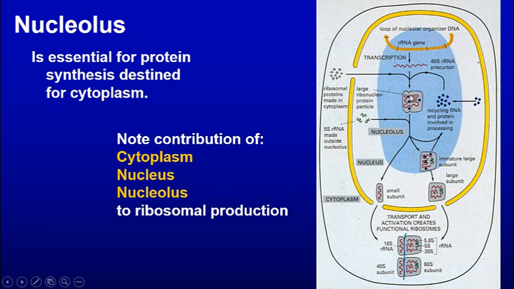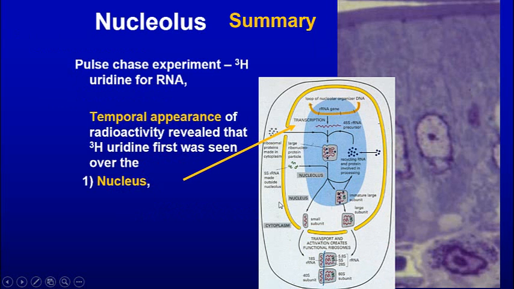And then in the nucleolus itself, that's where you actually have the transcription of the ribosomal RNA and the combining of the different units to ultimately make the mature unit, which then slips through and gets together on the outside.